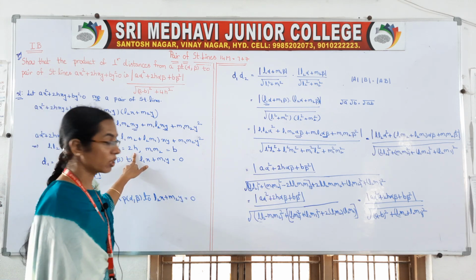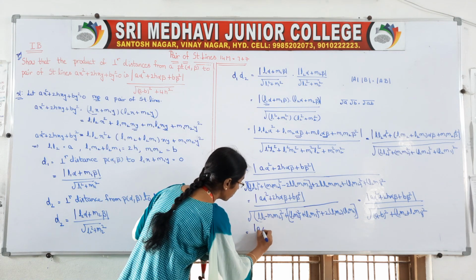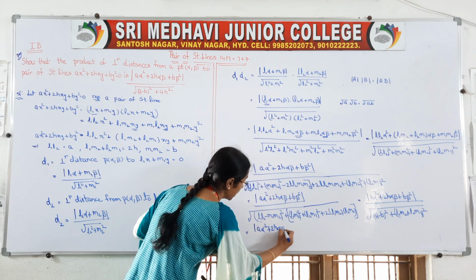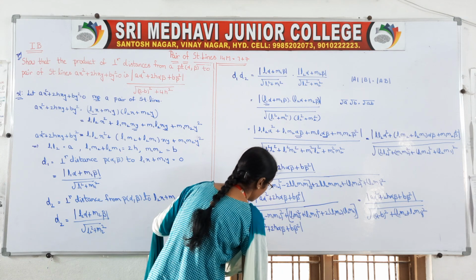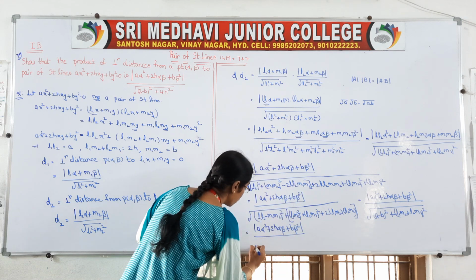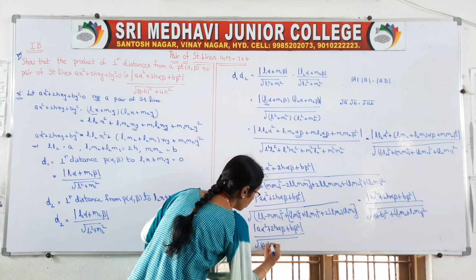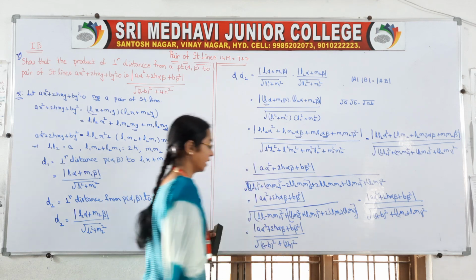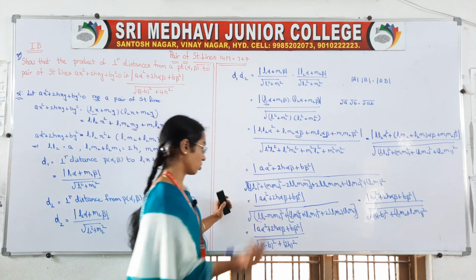So 2H square. So it is equal to modulus of A alpha square plus 2H alpha beta plus B beta square by root of A minus B whole square plus 2H whole square. 2H whole square means 2 square means 4H square.